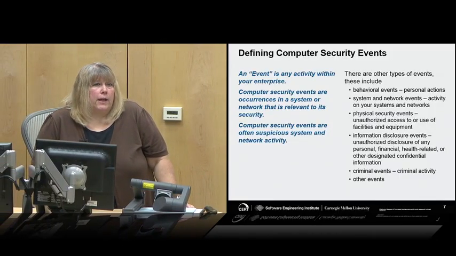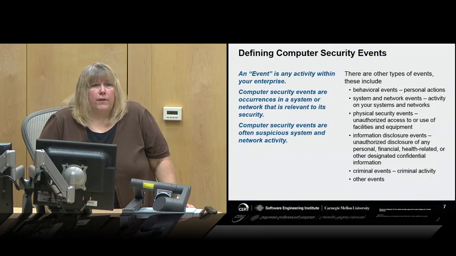So we have to understand that there are many different events that are happening. And an event can be any type of activity that happens within your organization. When we talk about computer security events, what we're really talking about are things that happen on a system or in a network related to the security of that network, whether it's integrity, confidentiality, or availability of data and resources in that infrastructure.